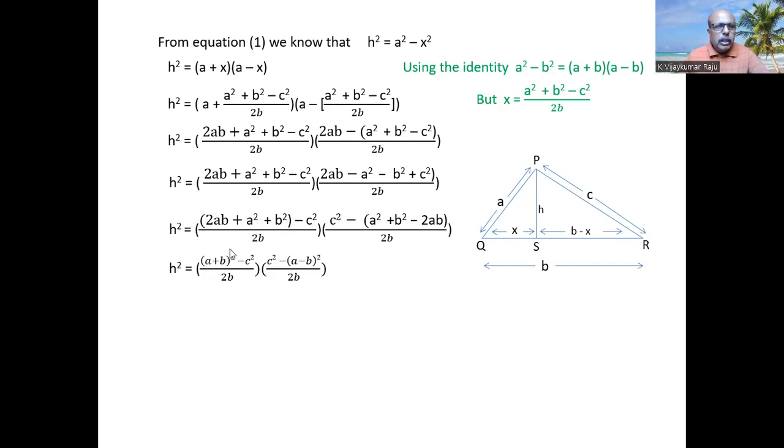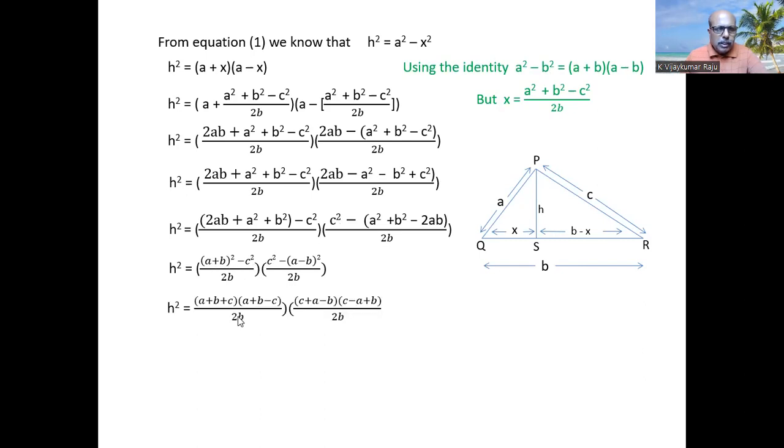(A plus B) whole square minus C square upon 2B, and this is C square minus (A minus B) whole square. Okay. So here what has happened? (A plus B) whole square minus C square. So we are using this identity again, A square minus B square. Because this is square, this is the first term, A square, this is B square.